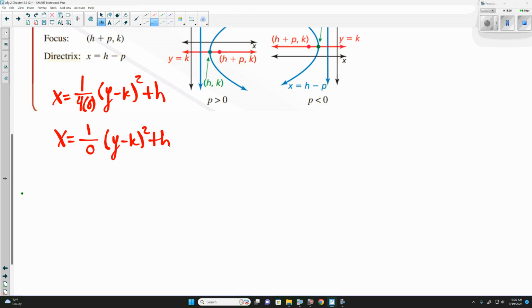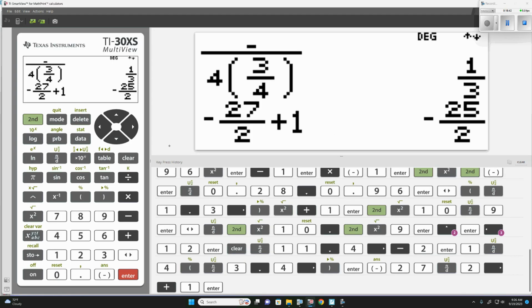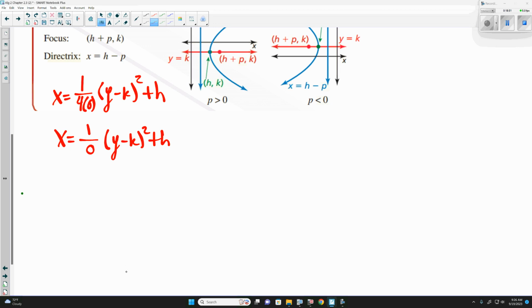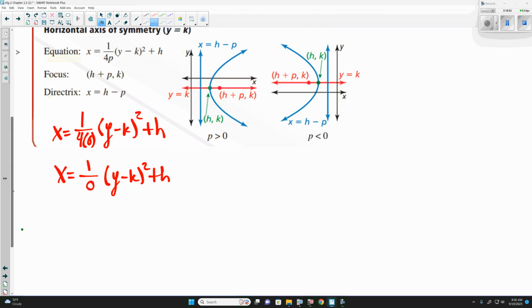What is 1 divided by 0? We can't divide by 0. It's undefined. So, can p be 0? No. So p can't be 0. So luckily, that's one case we don't have to worry about.